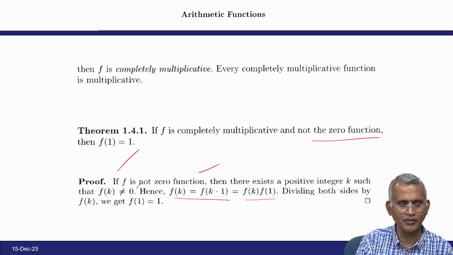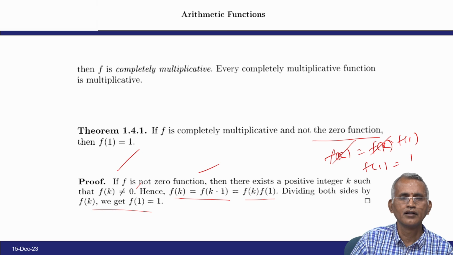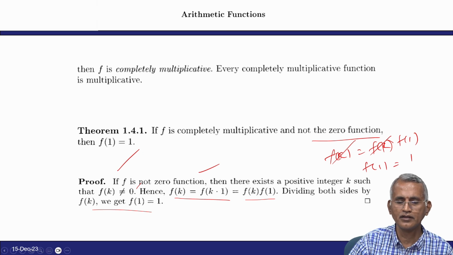Divide both sides by f of k, and we get f of 1 equal to 1. So, this way we can have the multiplicative function and it is not a zero function.